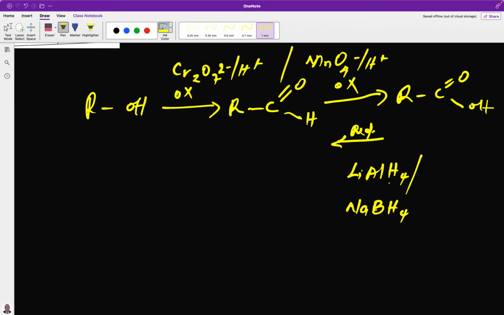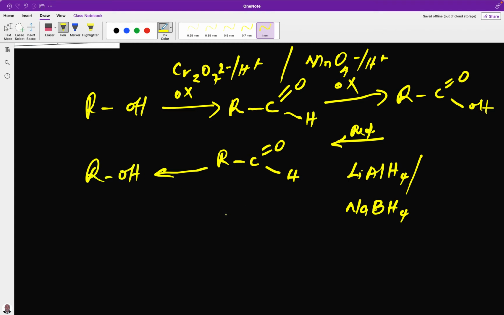So we can use this reagent and reduce carboxylic acid to what? To aldehyde again, which is further reduced to primary alcohol.